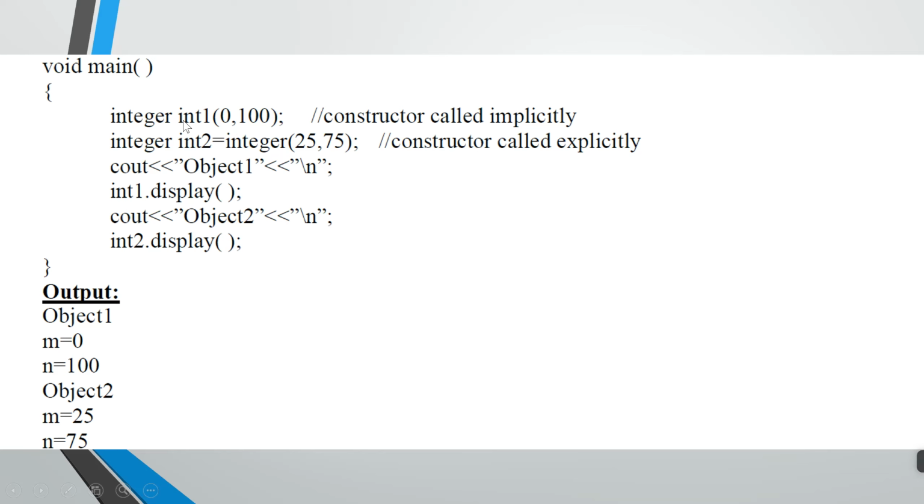The concept which I just now explained is shown here. Here I'm creating an object called int1 by passing the arguments implicitly, but here I'm creating an object called int2 by passing the arguments explicitly. So this is the constructor which is explicitly called, and here the constructor which is implicitly called.